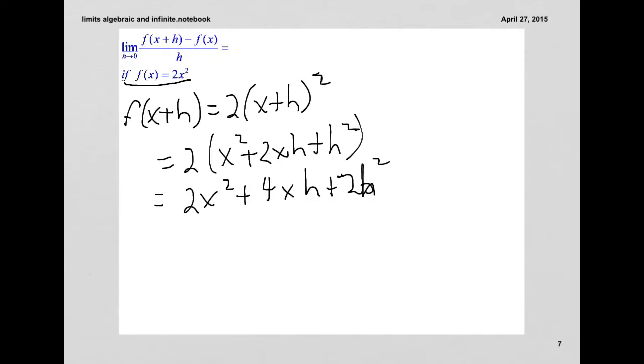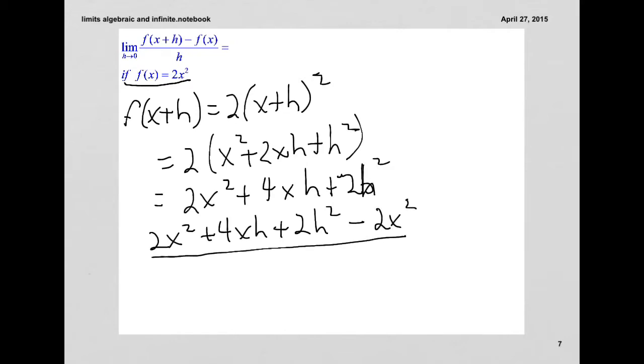And I'm going to replace f of x with, of course, 2x squared. So that's going to be 2x squared plus 4xh plus 2h squared minus, and now I put in what f of x is, which is 2x squared, over h.